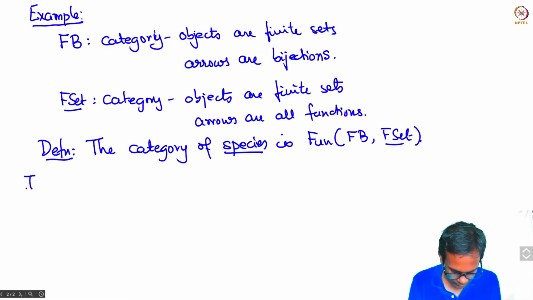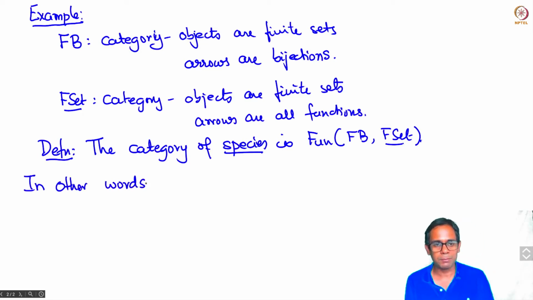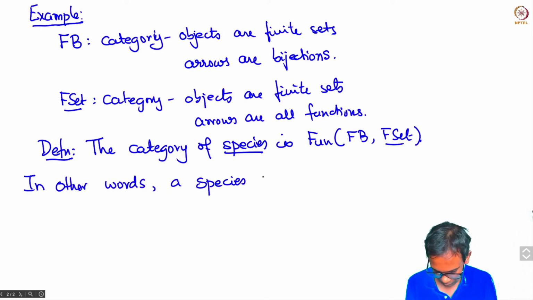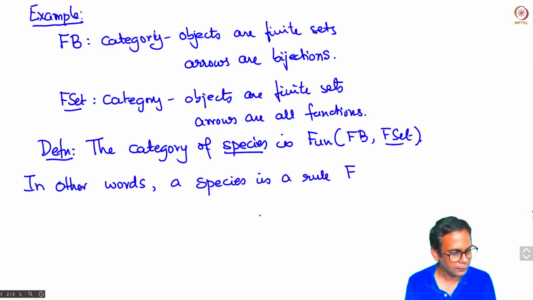So in other words, an object in this category, which is called a species, is a rule F, so it's going to be a functor. What does it do?